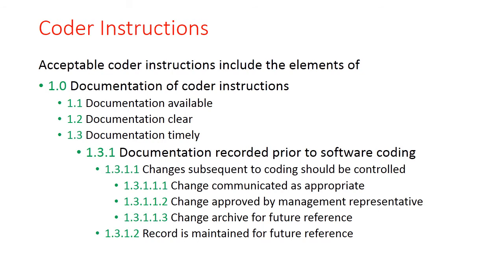We must give instruction to the coder about the changes we have made in the prior document. There should be clear communication between the laboratory management and the coder about the changes being made in the previously approved document. Change approved by management representative.